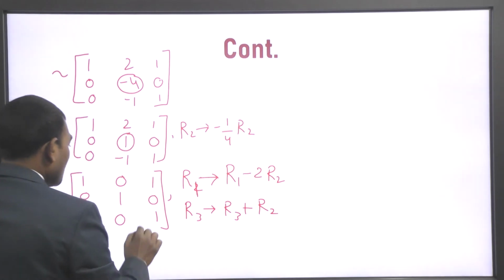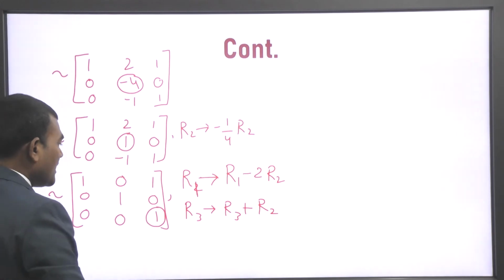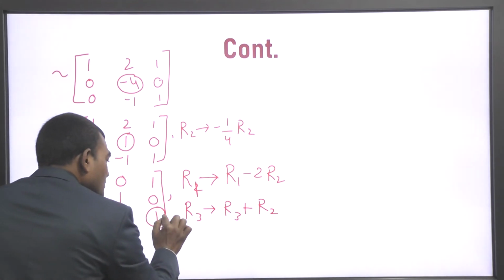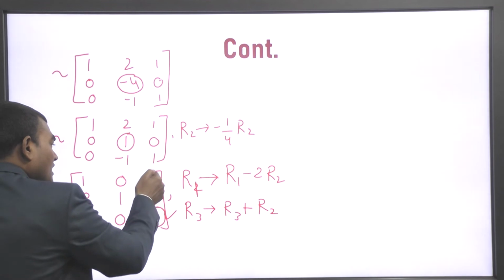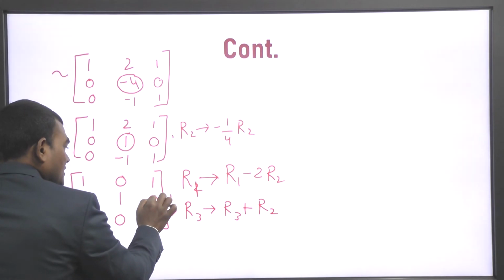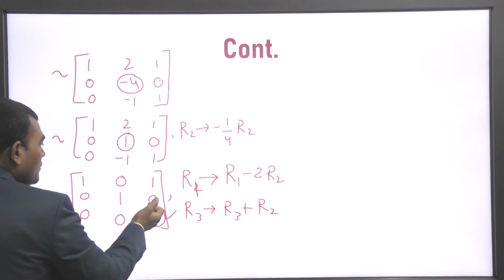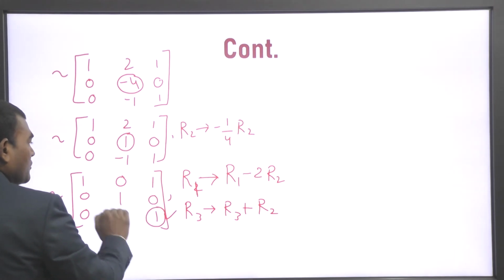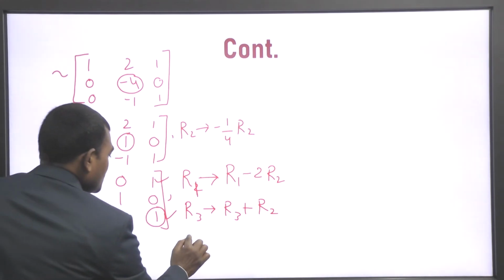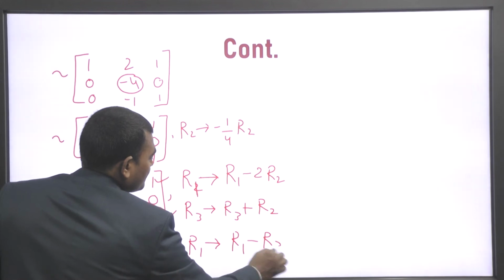Now we pick up the third row third column element. We will make it 1 if it is not 1, but here it is 1, so with the help of this one we will make the other elements of the same column 0. The second element in the same column is already 0, so there is no need to change it, and the 1 in the first row we will make 0 by an elementary row transformation. R1 is replaced by R1 minus R3.